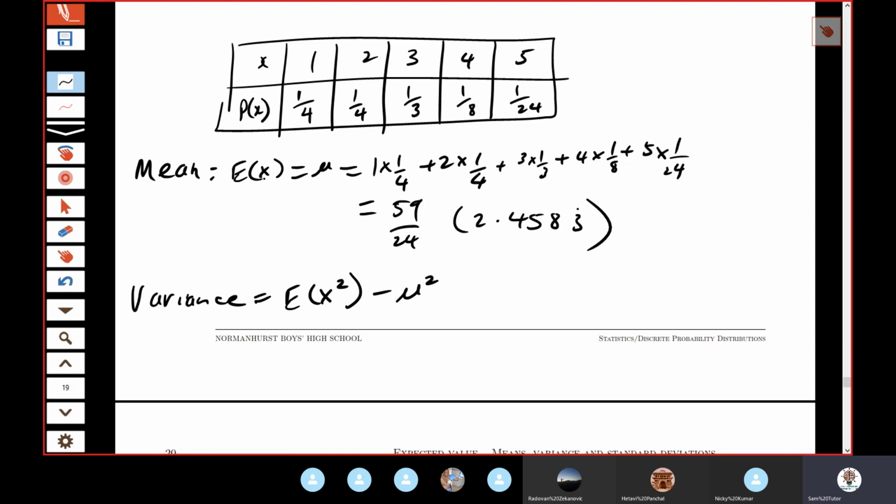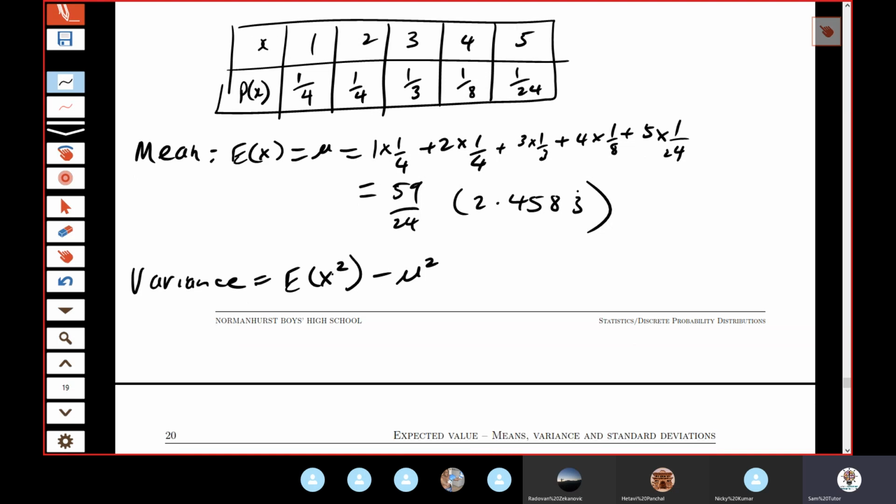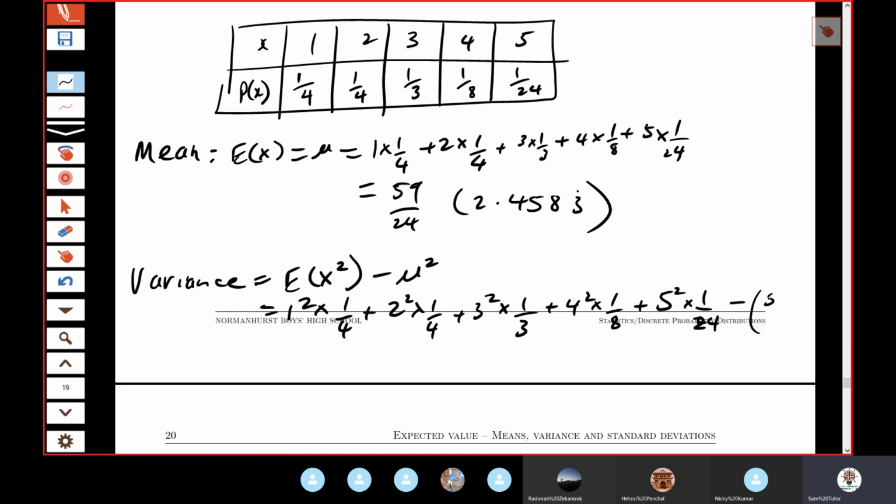E of x squared, like I said, if you understand E of x, which is the sum of x's multiplied by probabilities, then E of x squared is 1 squared times probability, plus 2 squared times probability, plus 3 squared times probability, plus 4 squared times probability, plus 5 squared times probability, minus mu squared, minus 59 on 24 squared. That's it, which I'll work out while you see if you've got any questions.